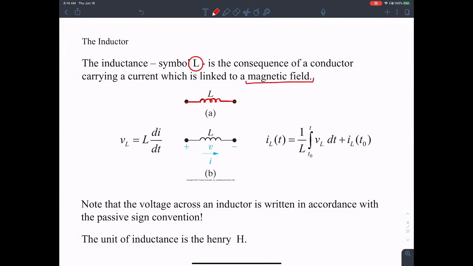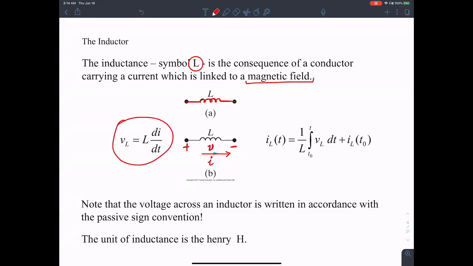The voltage across an inductor is written in accordance with the passive sign convention. If you choose a plus sign over here and a negative sign over here, the passive sign convention dictates that the current flows from higher potential to lower potential. So here is the expression, L di by dt.